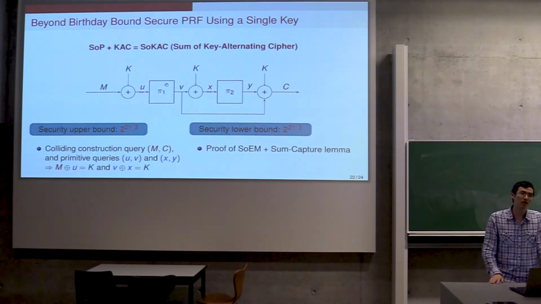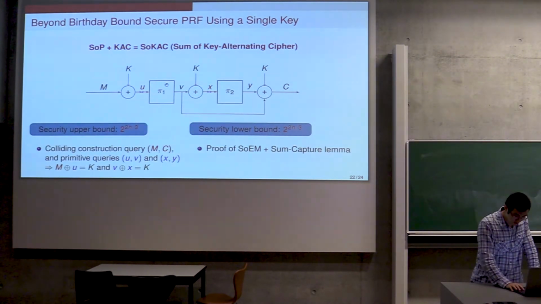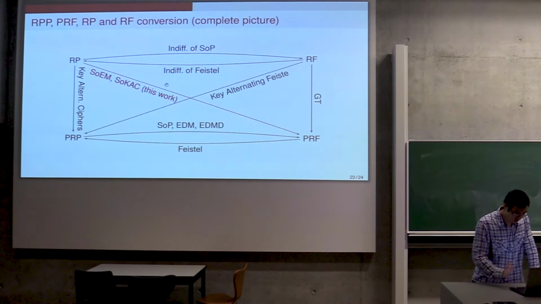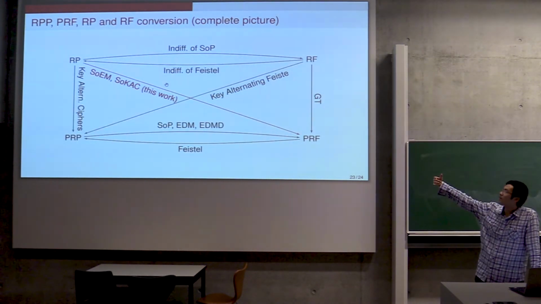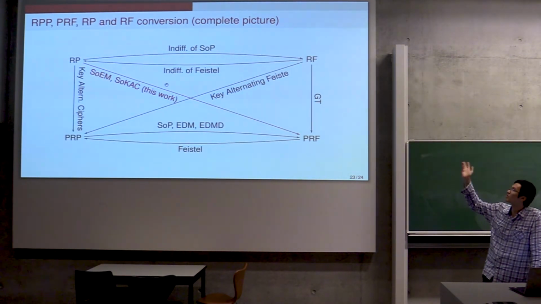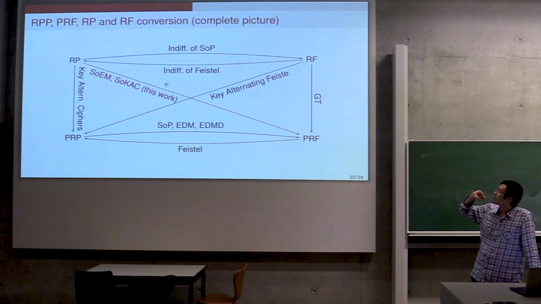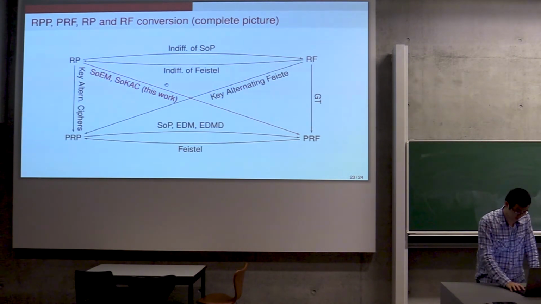The proof is also very similar to the SoM construction, with the only difference being at the bad events. We analyze the bad events by using the sum capture lemma. So we consider the last open problem of the PRP, PRF, RP, RF conversion by introducing the SUM and SoKAC constructions in this paper.